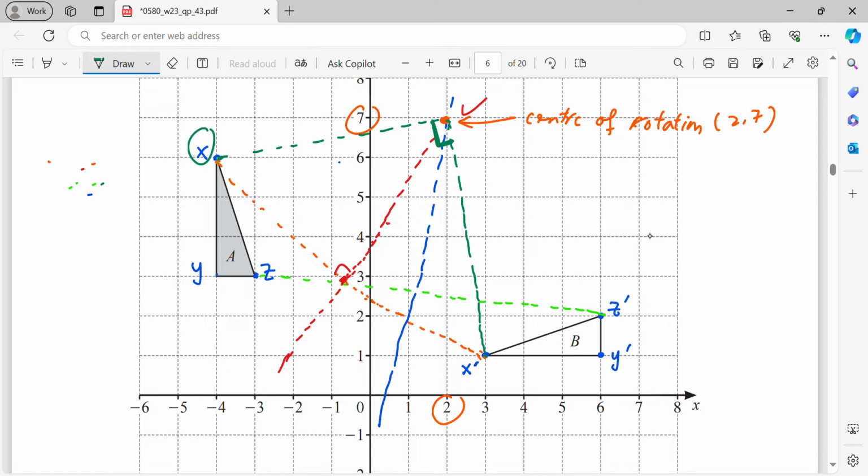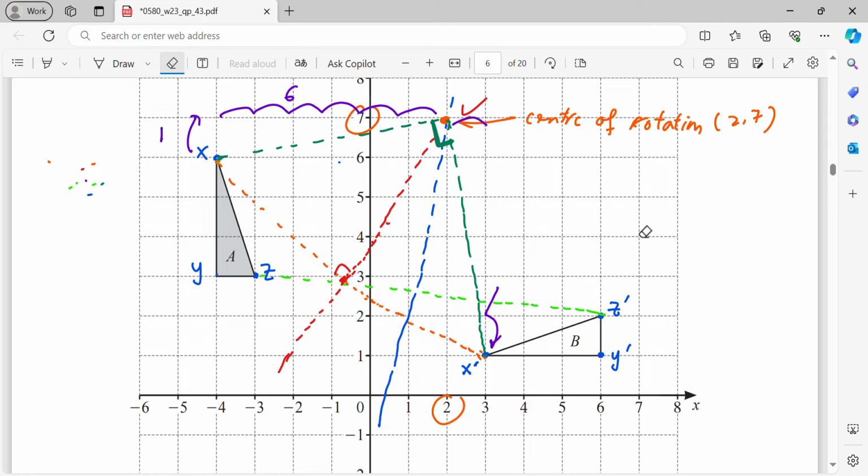How do we know? Let's look here. This is 1 unit up, then 1, 2, 3, 4, 5, 6. Here 1, here 6. So when it is 90 degrees, here will be 1 unit, then 1, 2, 3, 4, 5, 6. Therefore it will be 90 degrees.